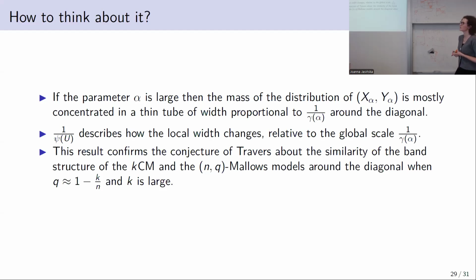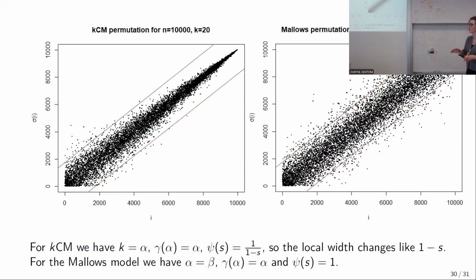And the reciprocal of this psi of u describes how the local width changes. You will see on those pictures that, for example, for the KCM model, those scaling parameters are expressed explicitly by those formulas.